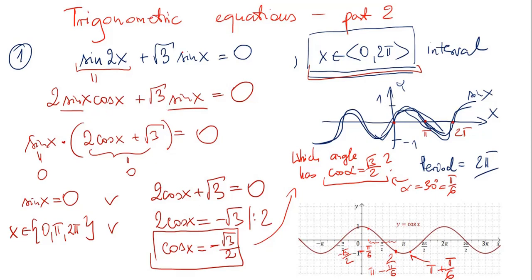Okay, this is cosine. Just let me check if everything is alright. Something I kind of feel that I'm missing here. Okay, so cosine is pi over 6.